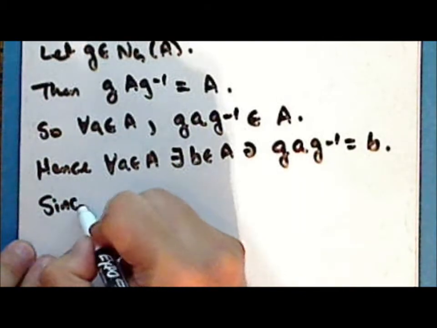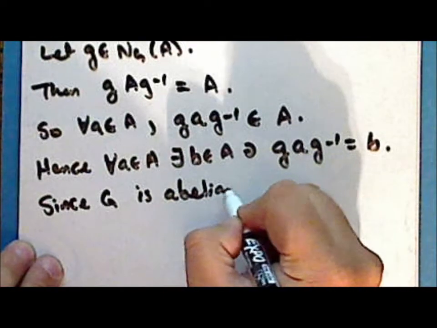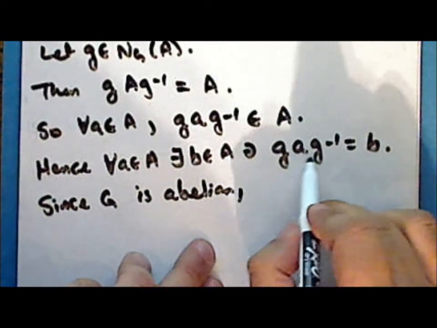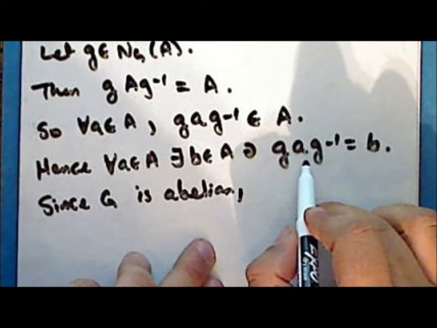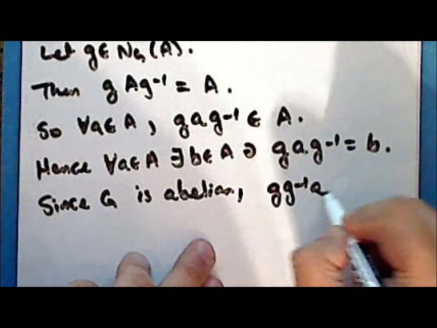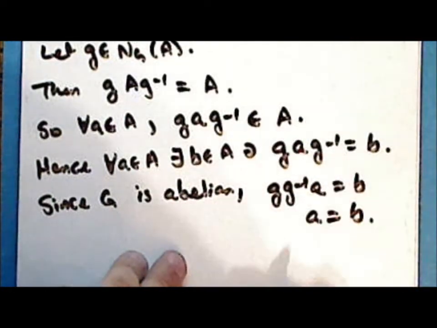Now, since the group G is abelian, and these are all elements in the group, we can reorder the product on the left so that we have g times g inverse times a is equal to b, or more simply, a is equal to b.